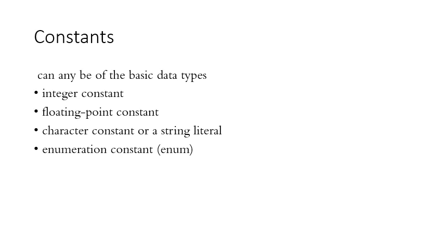Again, it can be any of the basic data types: integer, floating point, character constant, or string literal, or it could be an enumeration constant that we will discuss in the latter parts of our discussion. Okay, so let's start with the integer constant.